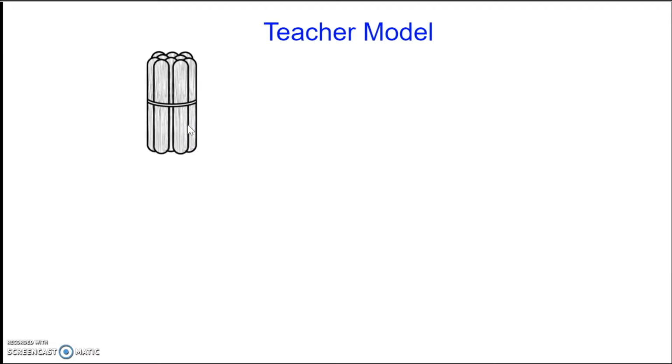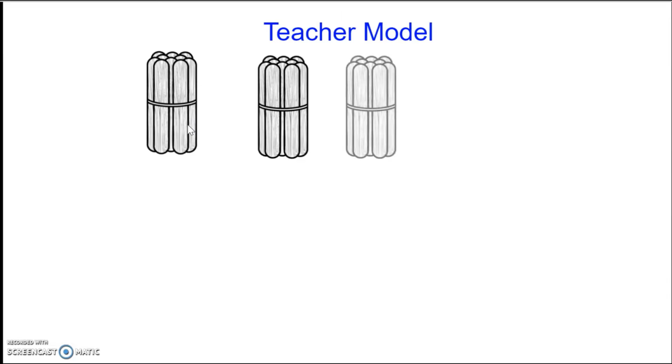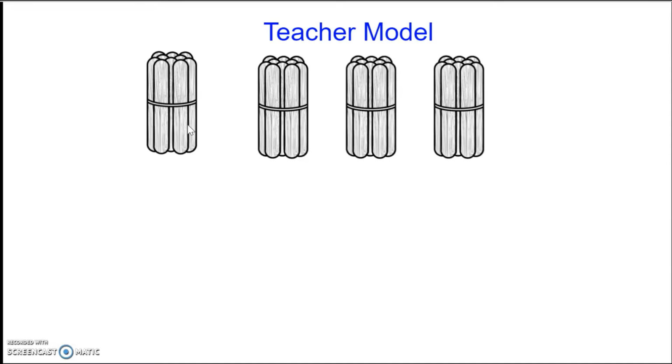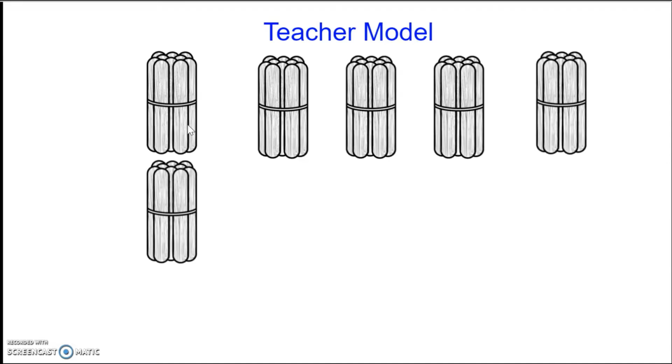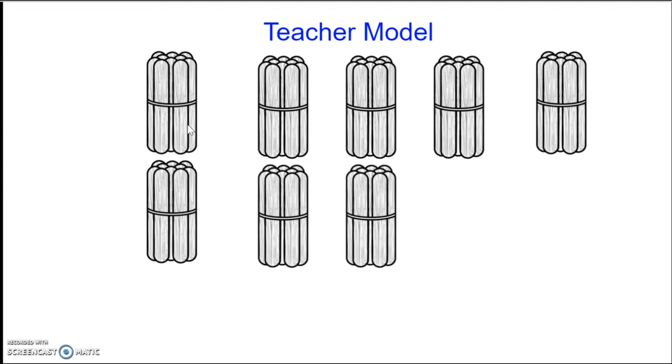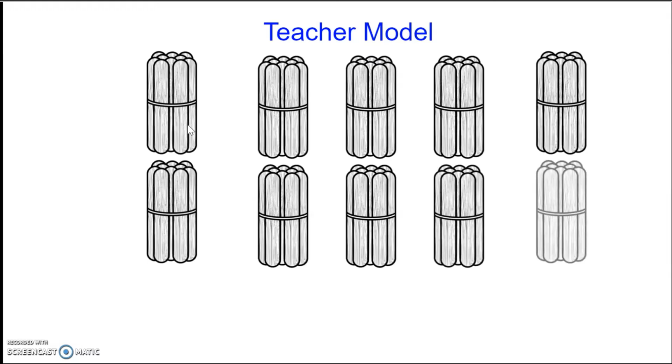We have 1 ten, 2 tens, 3 tens, 4 tens, 5 tens, 6 tens, 7 tens, 8 tens, 9 tens, and lastly, 10 tens. My friends, go ahead and pause and take a look at our pictures here.